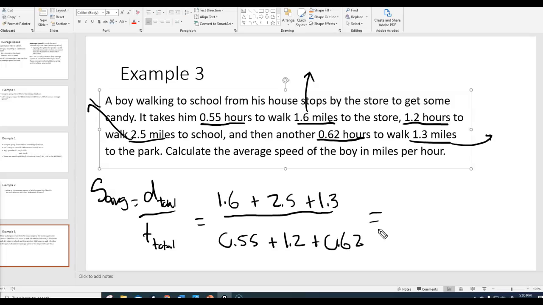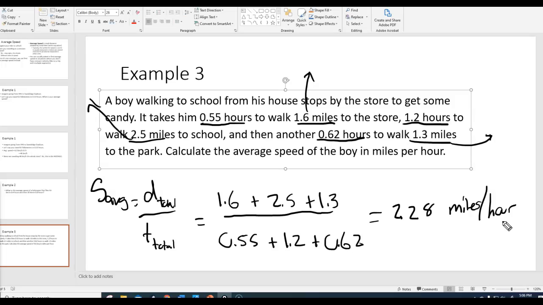In my calculator, I type 1.6 plus 2.5 plus 1.3 divided by parentheses 0.55 plus 1.2 plus 0.62. And I get a number that I'm going to round to 2.28, and that's going to be miles per hour.